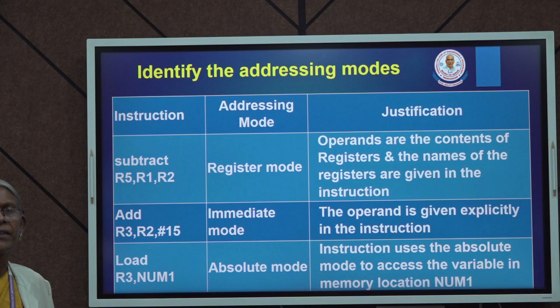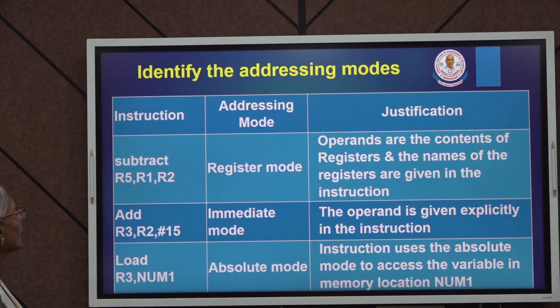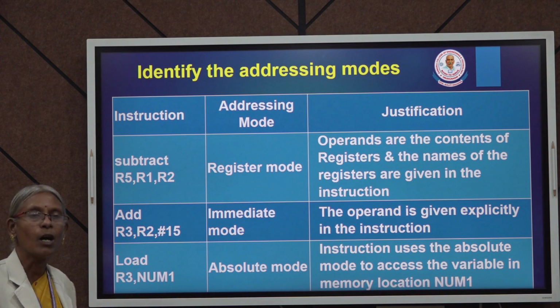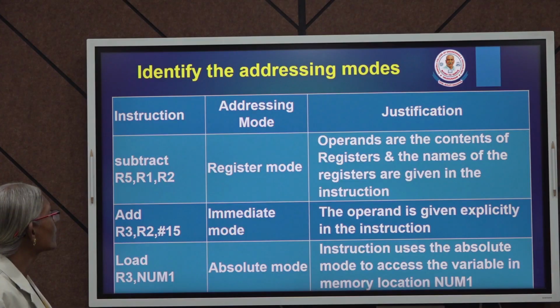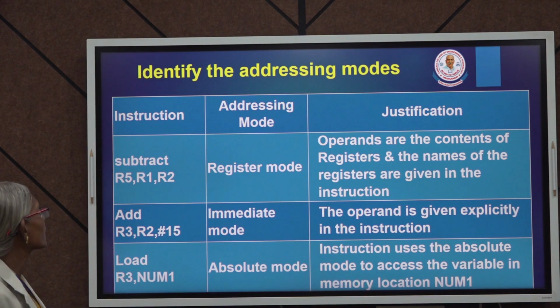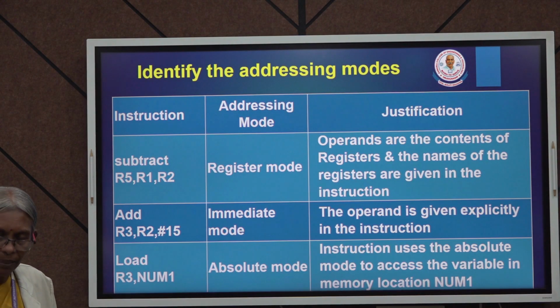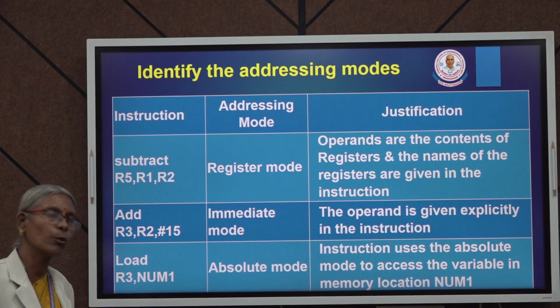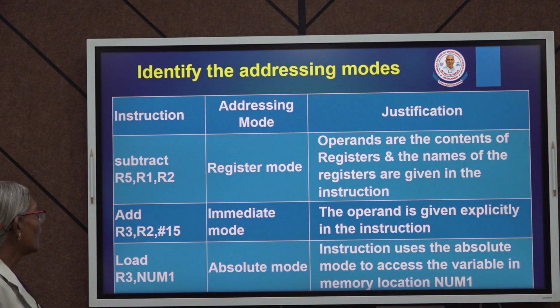Let us identify the addressing mode for the given instructions. The first one, subtract R5, R1, R2. The addressing mode is register mode. Why do we say it is register mode? Because all the operands are available in registers, and the result is also going to be stored in a register. The second one, add R3, R2, hash 15.